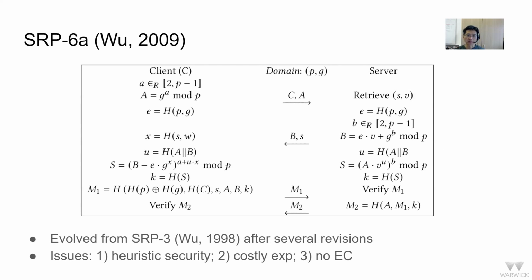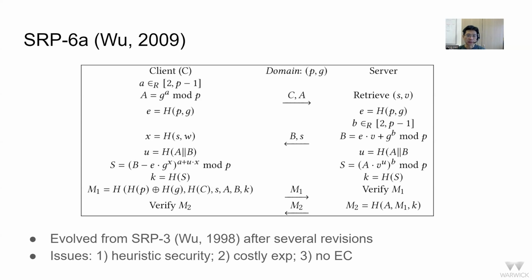One classic solution to this problem is SRP6A, proposed by Wu in 2002. This is an improvement from an earlier protocol, SRP3, initially proposed by Wu in 1998. The original protocol has been revised several times to address certain attacks.